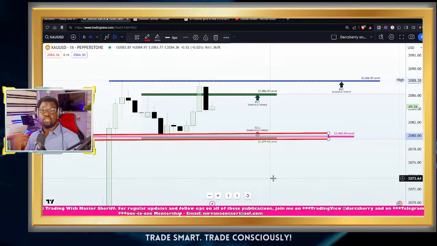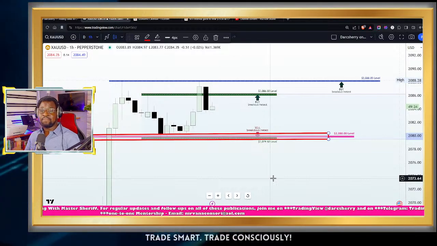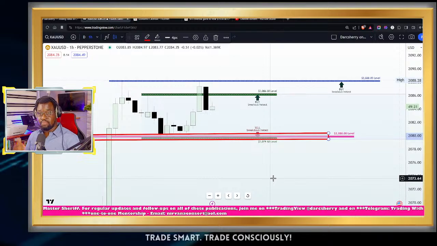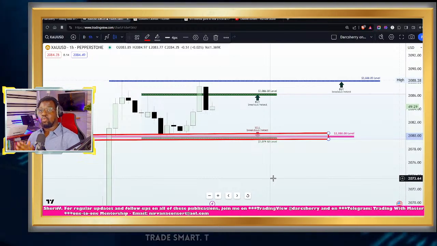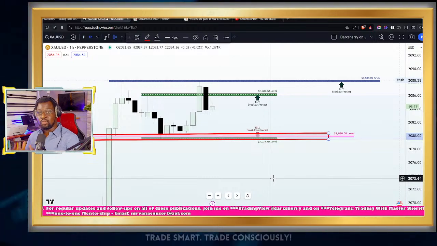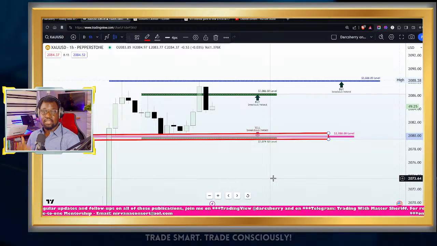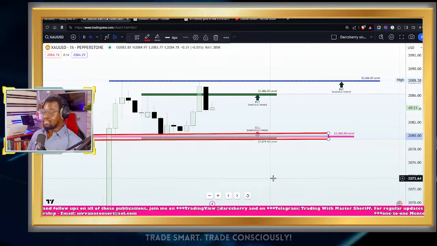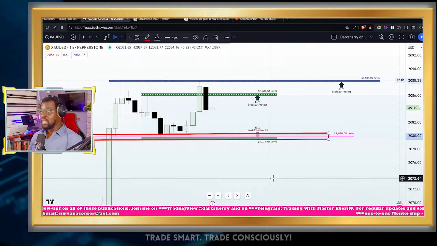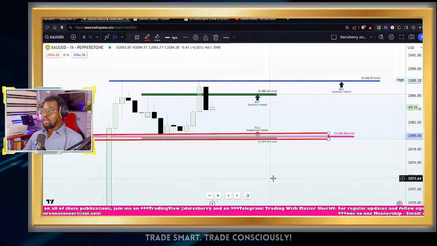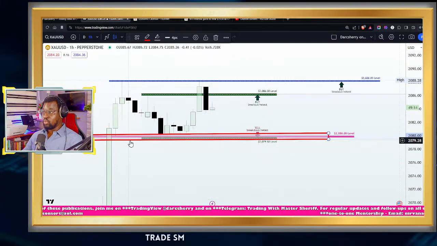And you know how we use our key levels in this community. As long as price action remains above our key level, we obviously want to be looking out for patterns and structures that support the idea of buying, and we are not going to be selling unless this key level is broken to the downside.